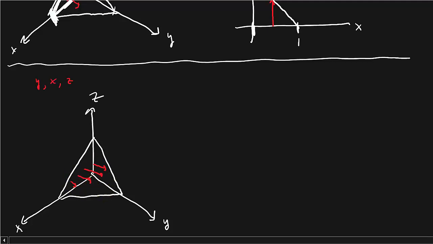Okay, and so that's going to give me, and remember this is y equals 1 minus x minus z. Okay, we're still doing the y first. And so that's going to be from 0 to 1 minus x minus z of z dz.